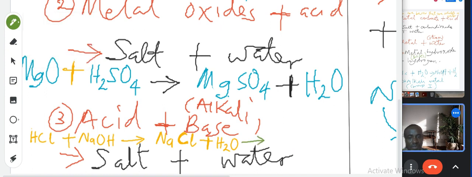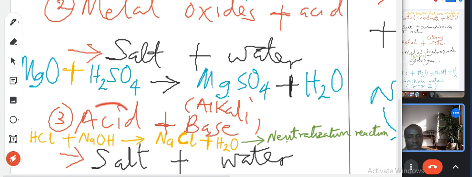The reaction between an acid and a base is called a neutralization reaction, because one neutralizes the other. Acid plus base or alkali gives salt plus water.